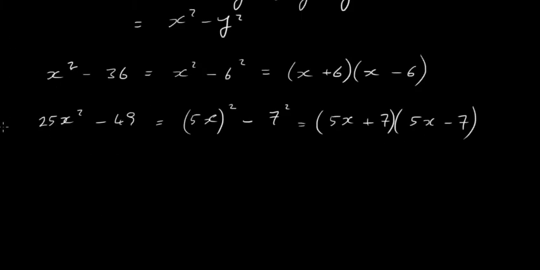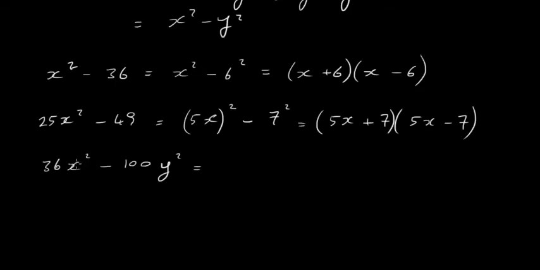Let's look at another one then. Let's look at 36x squared minus, let's say, 100y squared. Okay, well again we need to change these two terms into something squared.